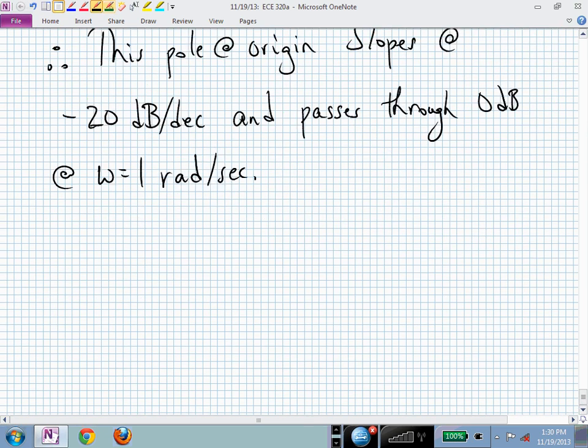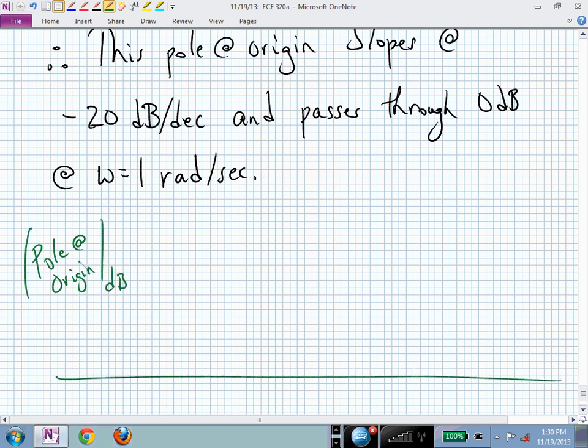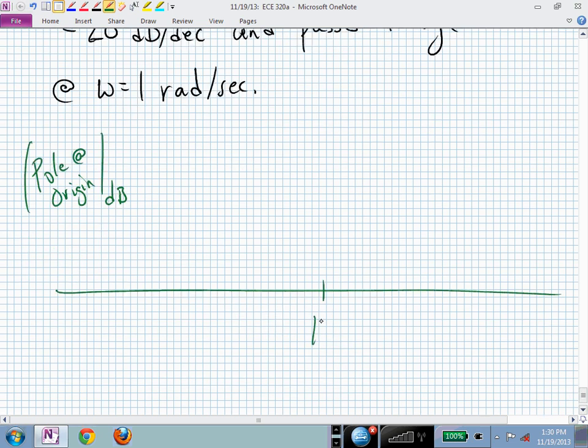Now we can sketch this pole at the origin. We're keying off of what's happening right there at 1 due to this term contributed by this pole at the origin.